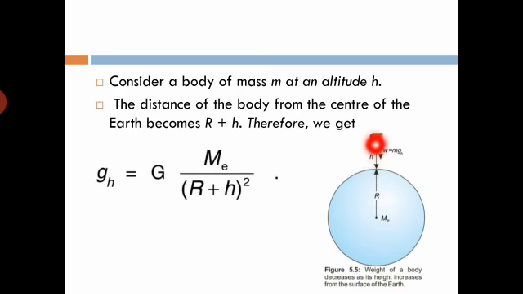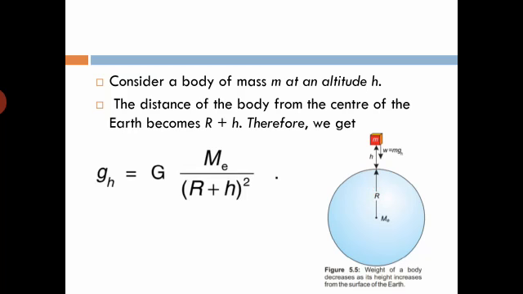But it is at an altitude, so the distance from the center of earth to the object is r plus h. The value of g becomes g is equal to capital G Me divided by r plus h whole square. So weight of body decreases as height increases from the surface of the earth.